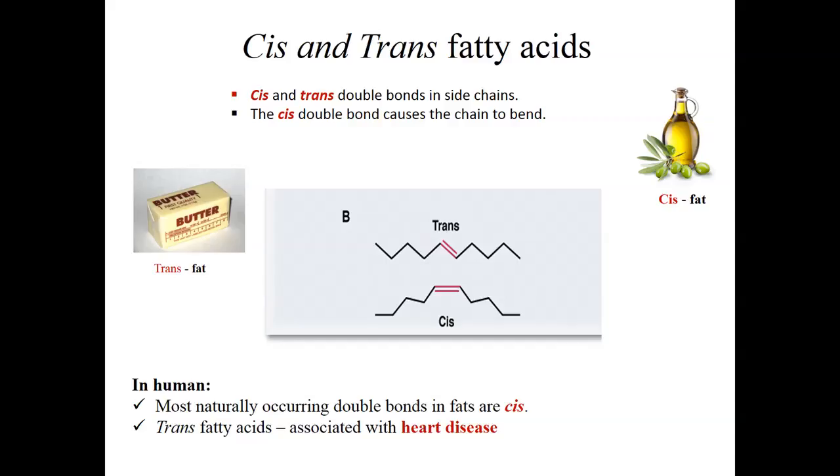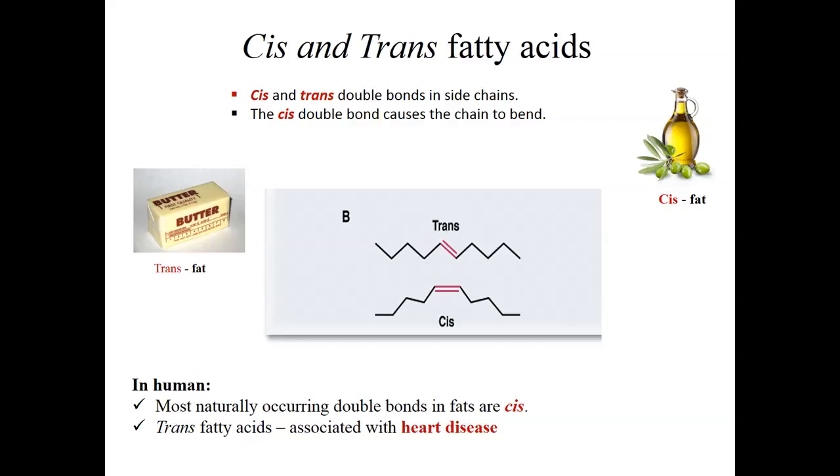Is that clear? So that creates a kind of bend in the molecule, so they cannot pack together very well. That's why if you have a cis double bond, especially in vegetable oil and olive oil, with a lot of cis double bonds pointing in the same direction, they cannot pack together. That's why the fat here is fluid.